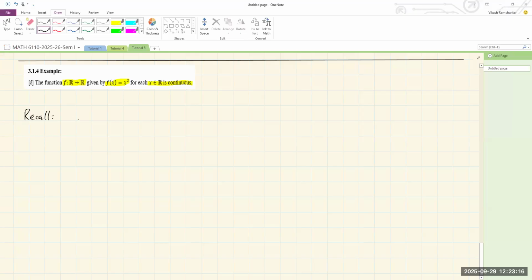So we say that a function mapping f from X to Y, and of course I'm assuming that X and Y are metric spaces, is continuous at a point, let's call it x0, and x0 must be in the domain of this function.